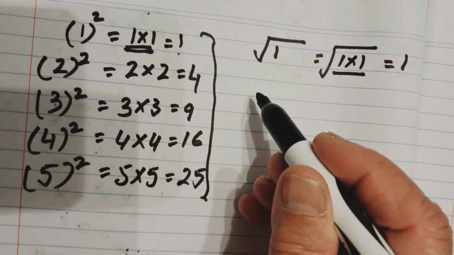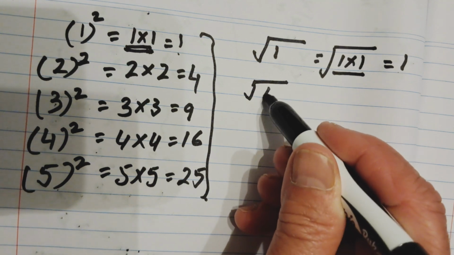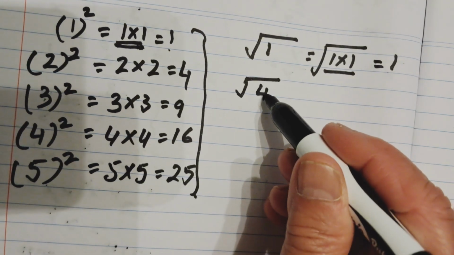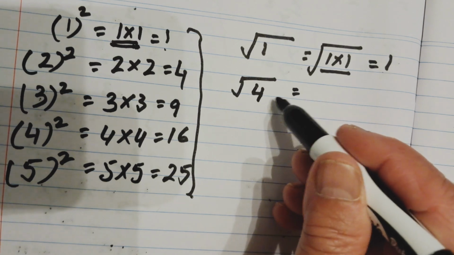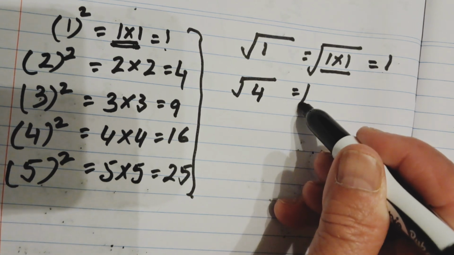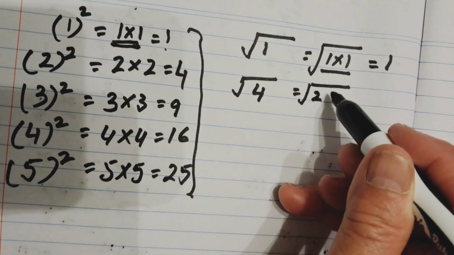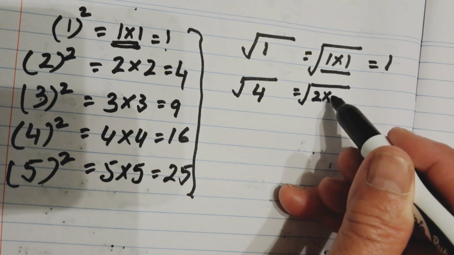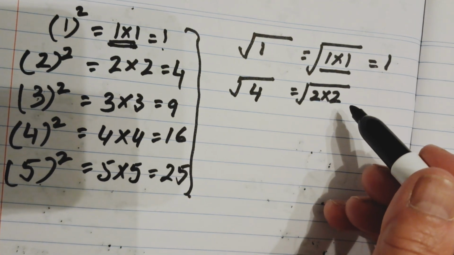When we have the number 4, the square root of 4, always remember how we explain 4 as a number multiplied by the same number. As in the square, same in the square root.